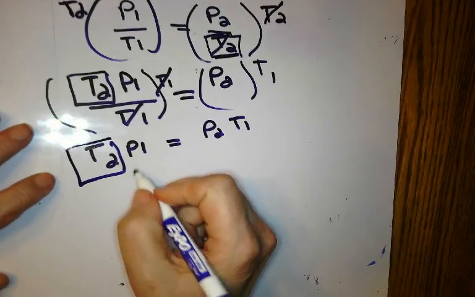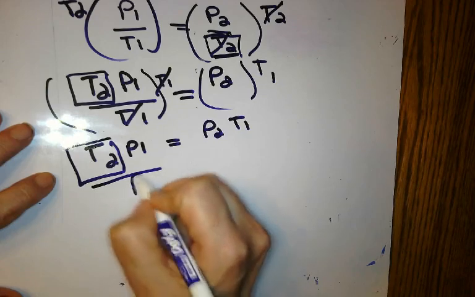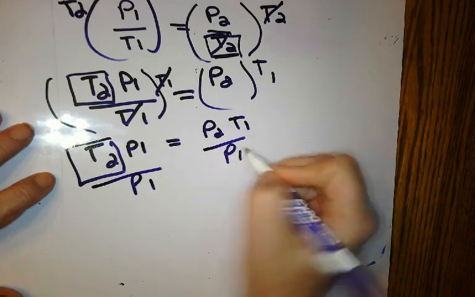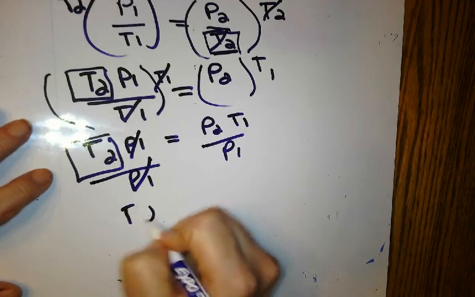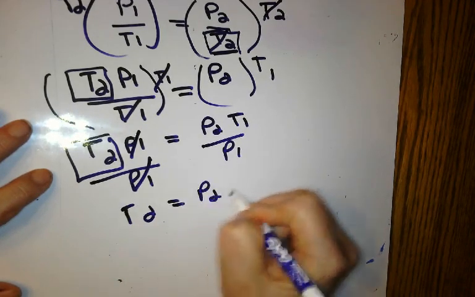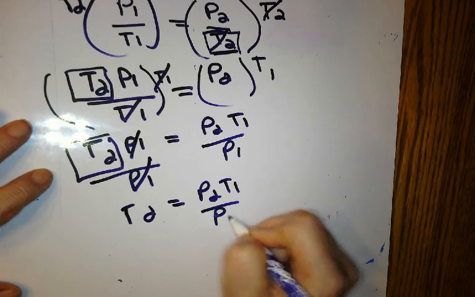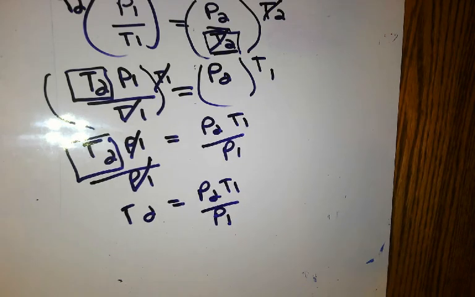This is still not alone, so I'm going to divide by P1 and divide by P1. This goes away, and I now have T2 equals P2 T1 over P1. Okay, that's step by step. Seems like a lot. Let me show you the very quick way of figuring this out without making math errors.